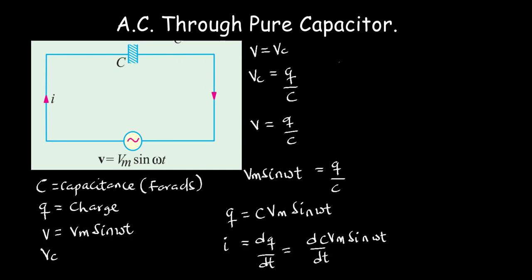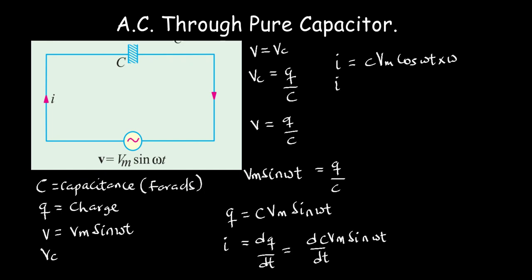Let's differentiate this and see what we get. The derivative is C Vm cosine of omega t times omega, after differentiating the charge with respect to time.